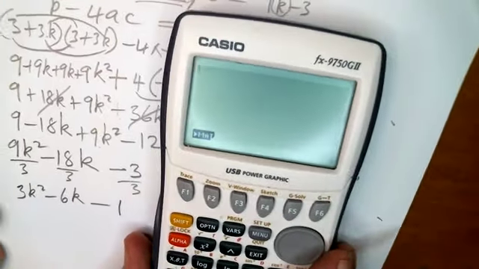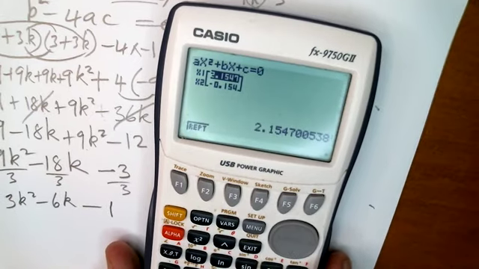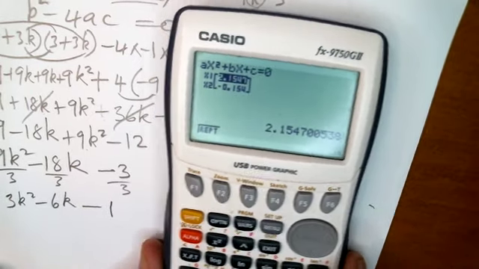All right, so I've got 2 values now. My 2 values are, the first one, 2.1547.